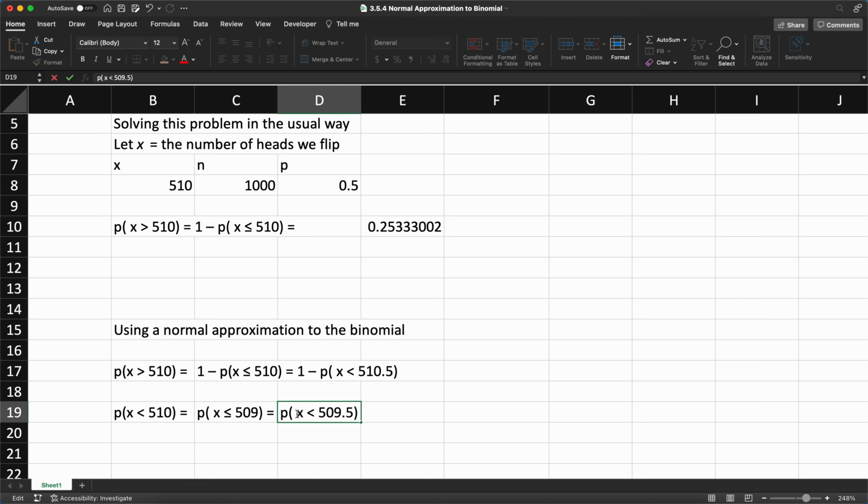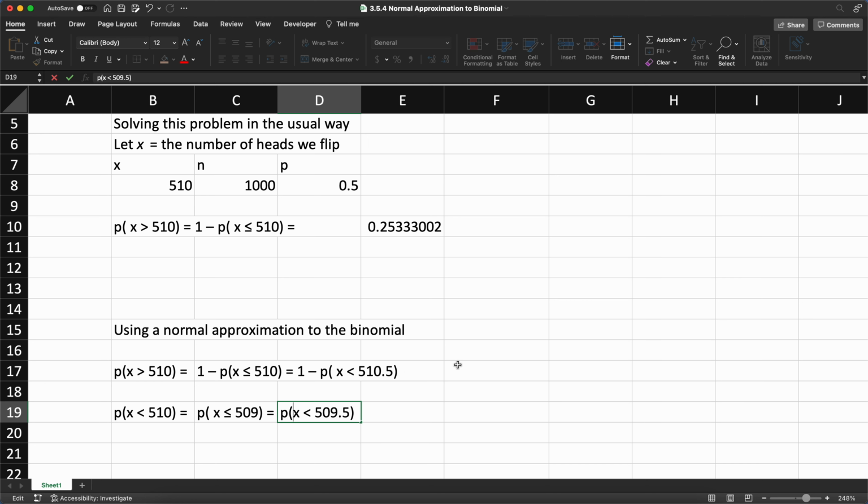So we're always going to go above the first value that we want to include. If 509 is the first value I want to include, not 510, then I do 509.5. But if I want to include 510, then I'm going to go up to 510.5.